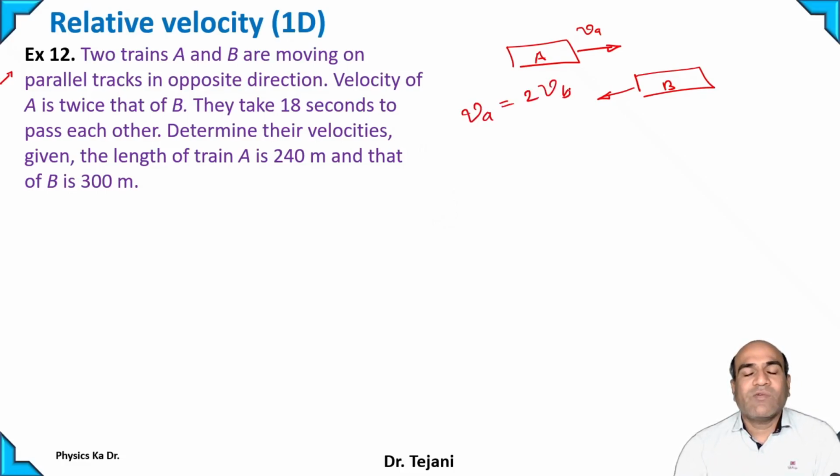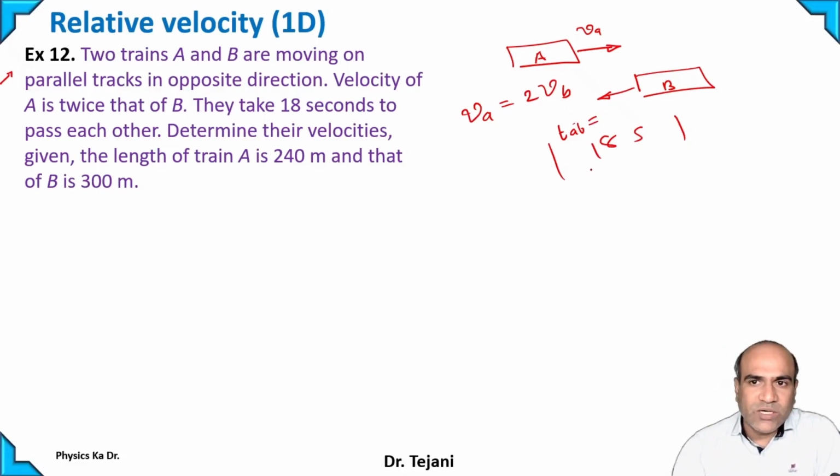They take 18 seconds to pass each other. So total distance, whatever the trains have, is traveled in 18 seconds, and determine their velocities. Train A has length SA of 240 meter and SB is 300 meter.